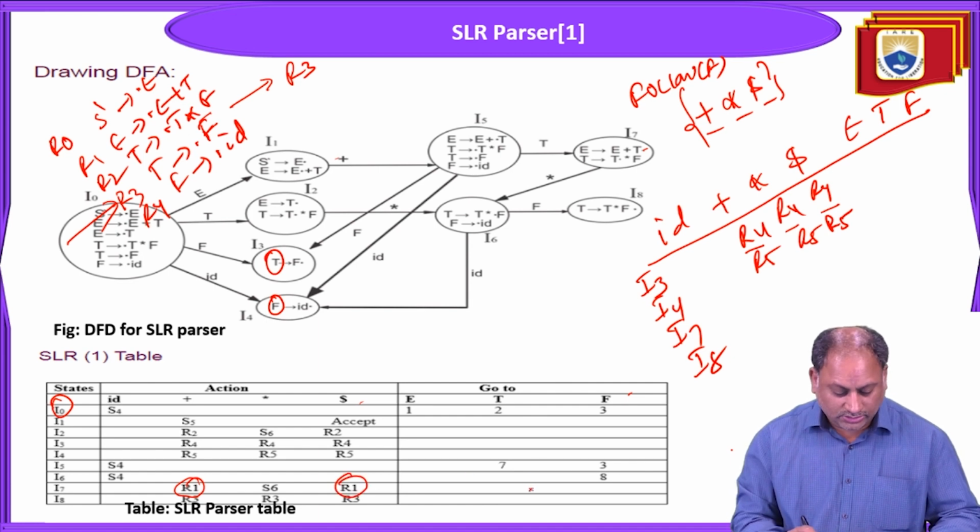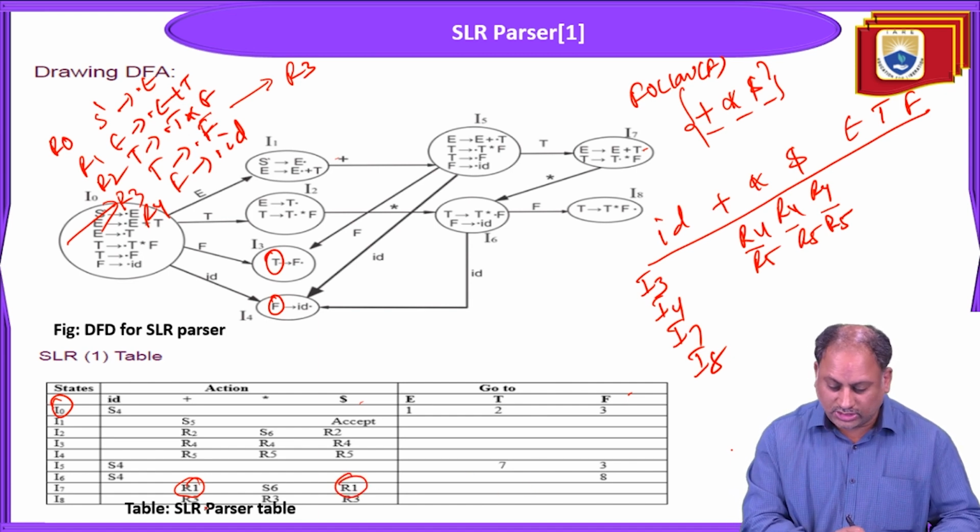And I8 is also to be considered as a reduction rule where it contains follow of T, that is plus, star, dollar. So that's why this T derives T star F, as a reduction rule, is R3.